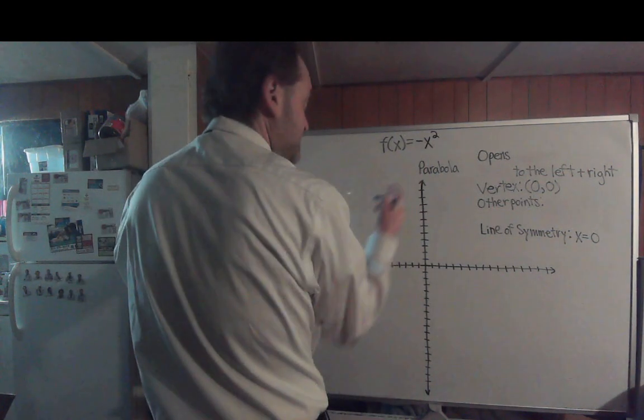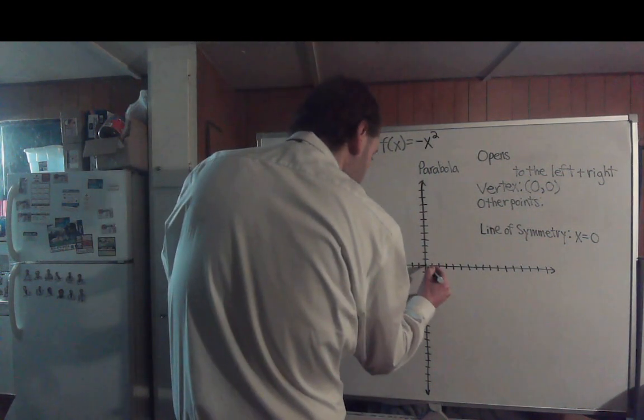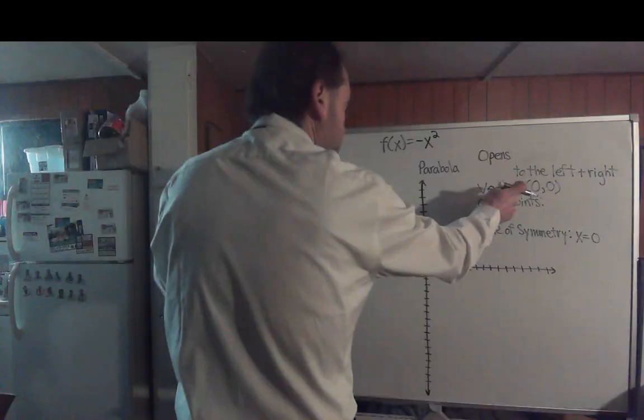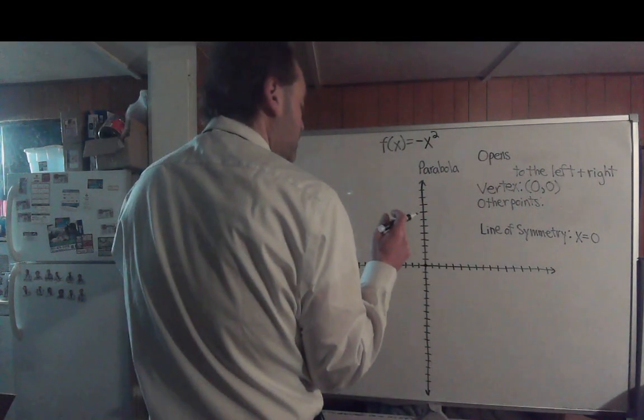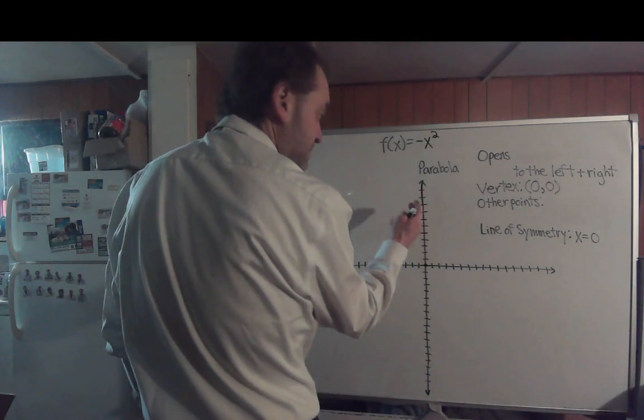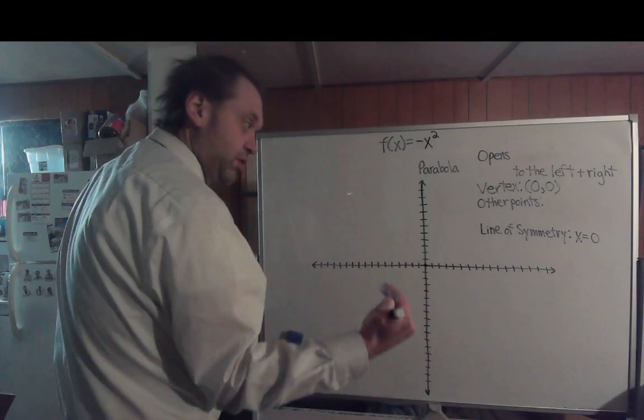So if I put in 0, well, I'll still get 0 because the negative of 0 is 0. That's going to be my vertex. That hasn't changed. But let's go through the line of symmetry, because the line of symmetry is still going to be x equals 0.